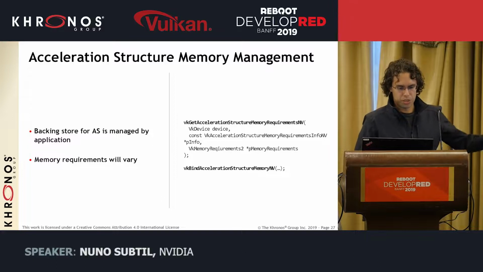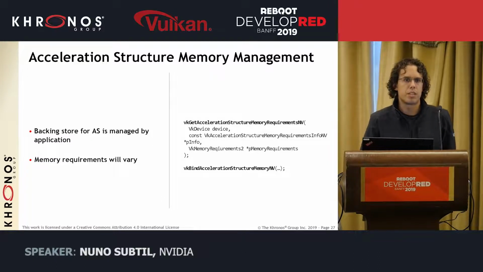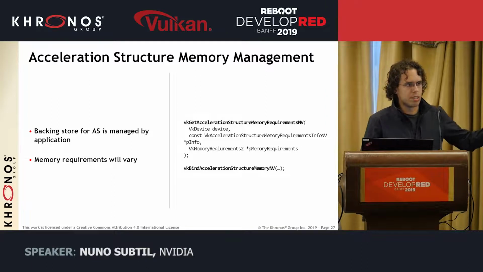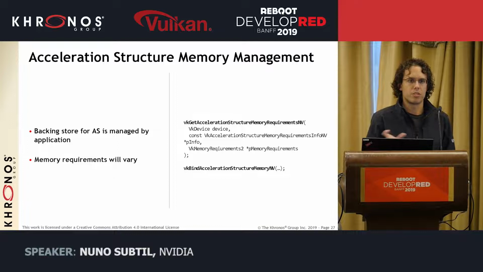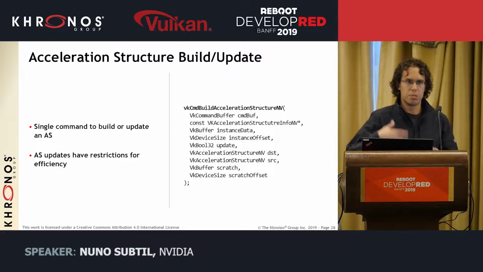And for memory management, again, the backing store is managed directly by the application, just like you would for a texture. There's a get memory requirements call for acceleration structures that gives you a number of bytes to allocate per acceleration structure, and you're responsible for allocating those and binding them. Memory requirements will vary, and specifically, you'll note that we're actually giving the application a number of bytes before we've actually seen the geometry, but in many cases, that's an upper bound. And so there is a compaction operation that you can do once the build has happened.